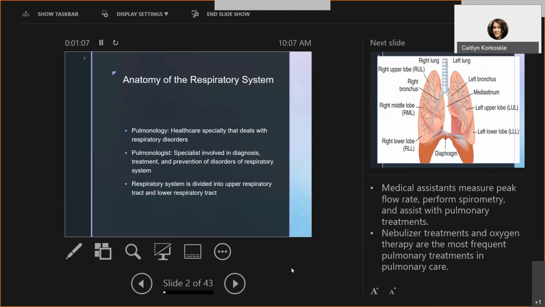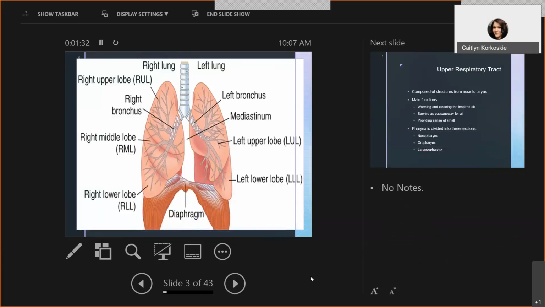What a medical assistant does as part of the respiratory system is perform peak flow tests or spirometry tests, and also help with nebulizer treatments, sometimes oxygen therapy, and other types of respiratory treatments and care.